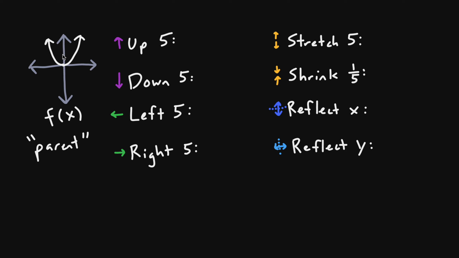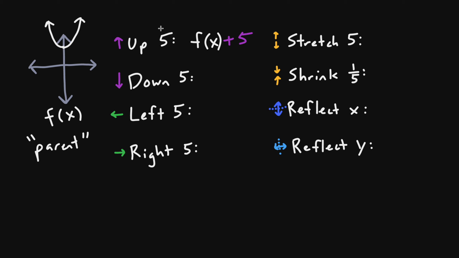The first transformation that we might do is to move it upward. So for example, if we wanted to move it up by 4 grid spaces, what you would do is take the original function, f of x, and just add 5. Did I say 4 before? I'm not sure.